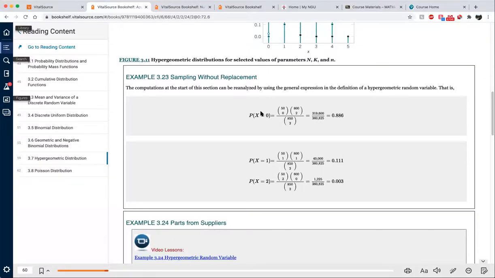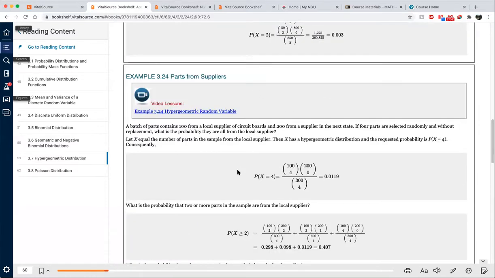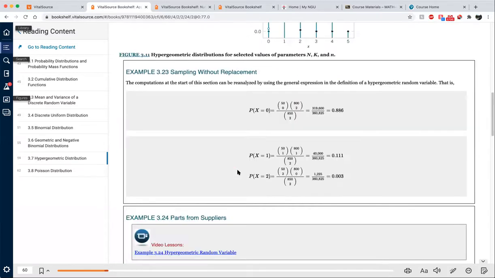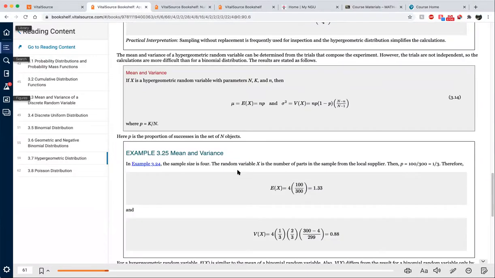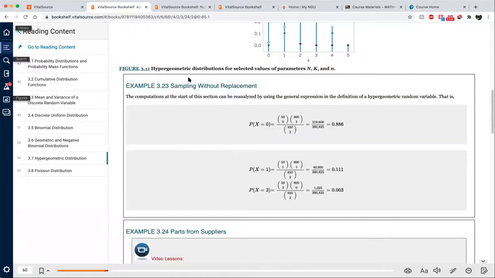All right, so let's take a look at the textbook. I see examples 3.23 and 3.24. We're also going to see the mean and variance of the hypergeometric distribution. See 3.23, sampling without replacement. The computation at the start of this section can be reanalyzed by using the general expression in the definition of a hypergeometric random variable. That is this one.